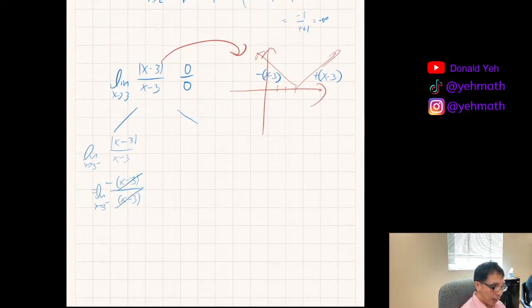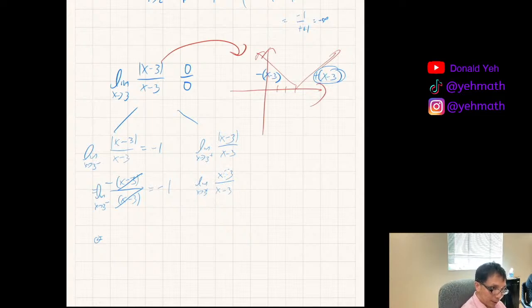Now you're going to cancel out. That's going to give you negative 1. Therefore the limit from the left is negative 1. Now the limit as x approaches 3 from the right of absolute value x minus 3 over x minus 3. I'm going to say x approaches 3 from the positive side, so I'm going to choose the positive version of that function. This one's minus, sorry.